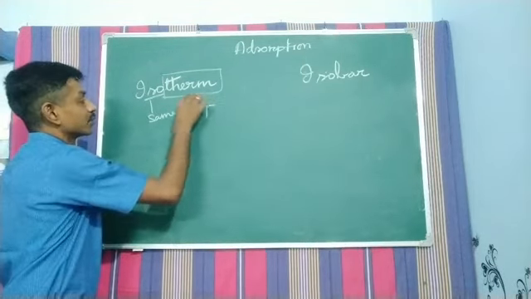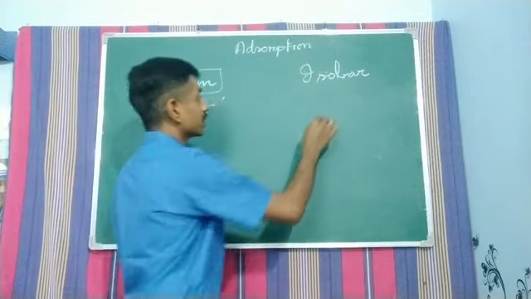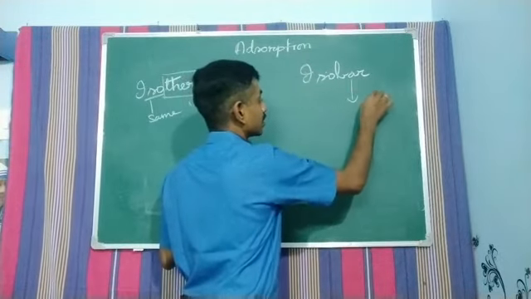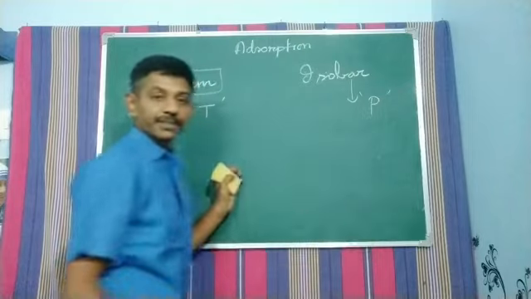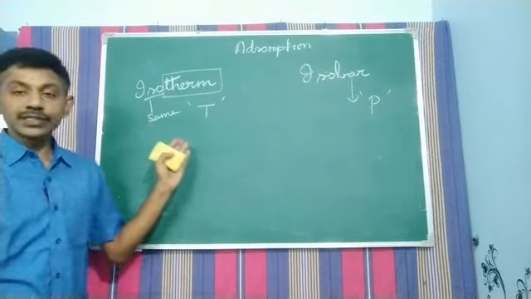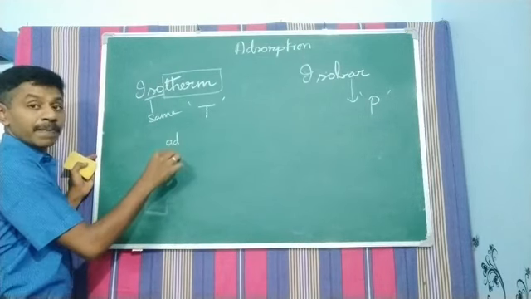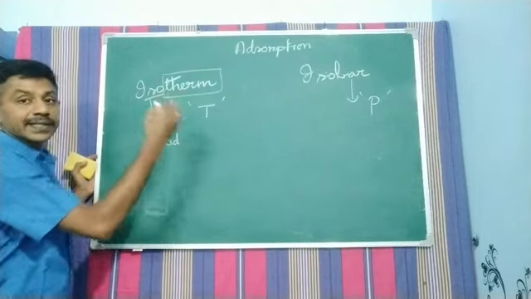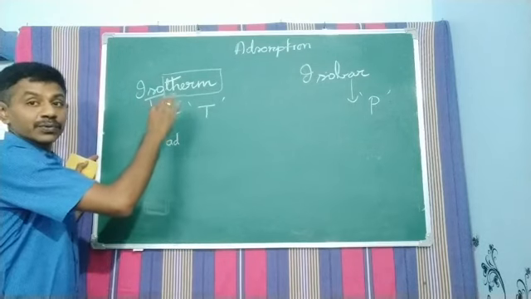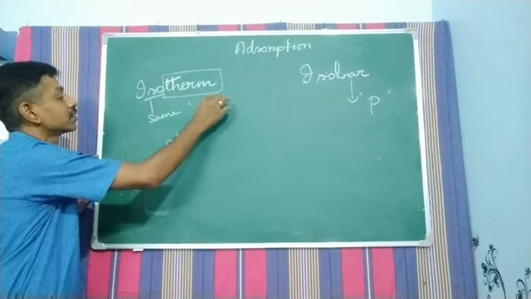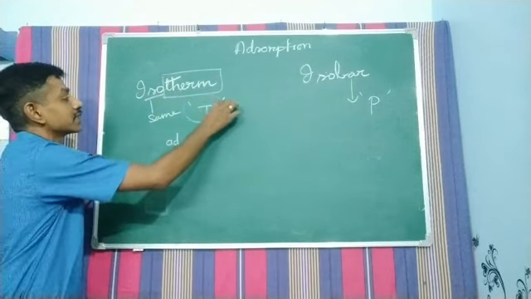Therm refers to temperature. Similarly here, isobar, that is at the same pressure. So what happens to adsorption? That is, adsorption increases or decreases with respect to pressure at constant temperature.